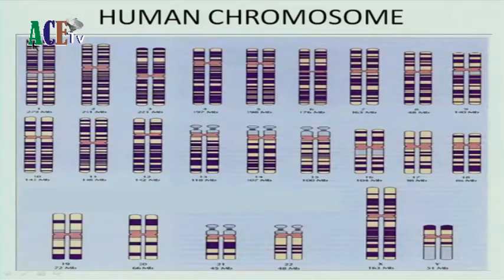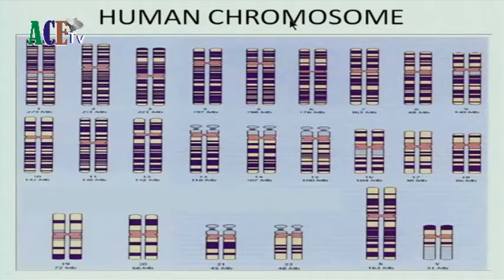Some regions are dark stained and some are light. The regions that are dark are the regions that are condensed. You have condensed DNA there. In those regions, we have non-coding regions.